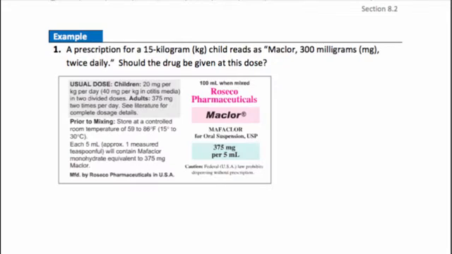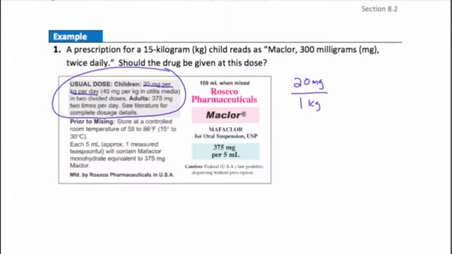To determine if this is safe or not, we look to the usual dose, which is right here, and it tells us that for children, which is what we're dealing with here, we should give 20 milligrams per kilogram. So that is a given dosage rate. We're going to write that as 20 milligrams per 1 kilogram per day.